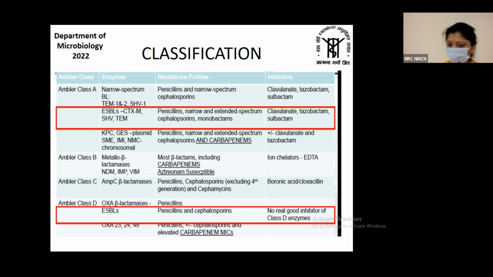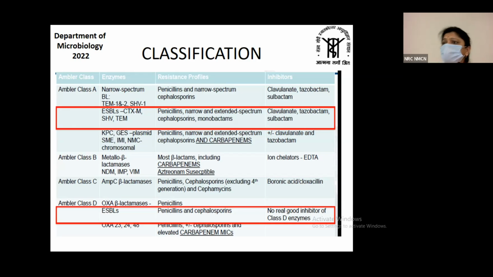Then we have the class C enzymes. The class C enzymes are the AmpC producers. Our isolate was sensitive to cefoxitin. Now, most of the epidemiology in India is such that most of the isolates, at least from the ICU or the hospital associated isolates, by and large, more than 80% of them produce ESBLs as well as AmpC together.